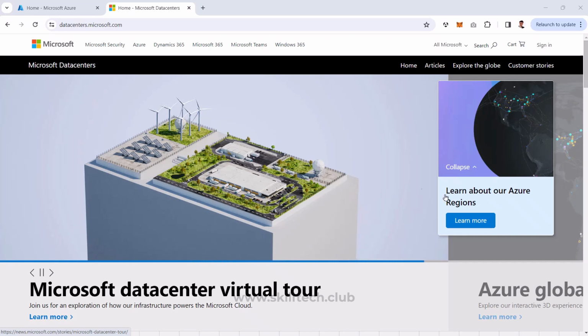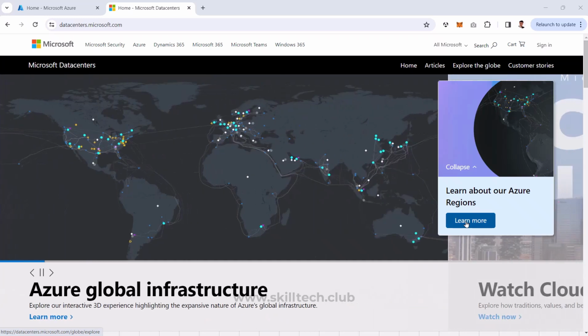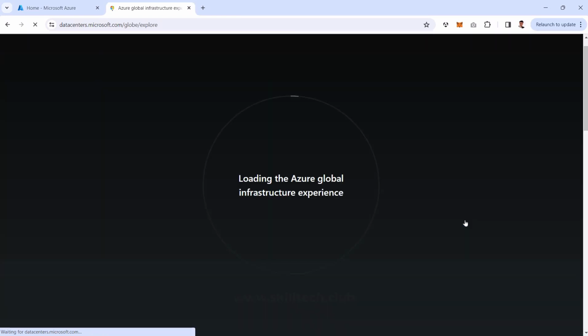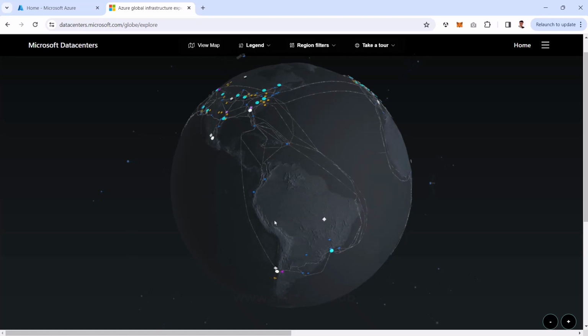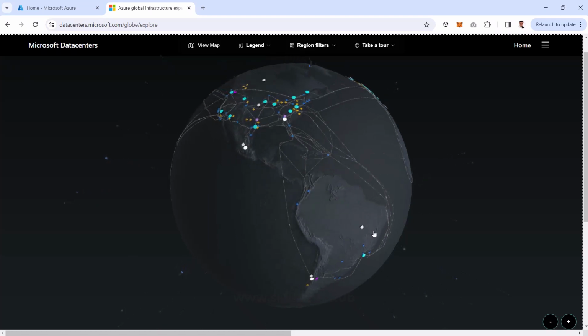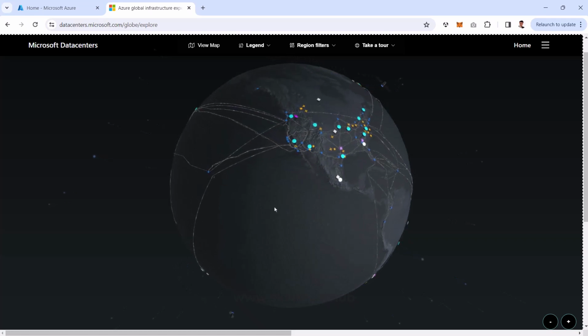This gives you a clear understanding of what a Microsoft data center is all about. If you explore this section, which is learning about Azure regions, it will show you that Microsoft Azure has a global infrastructure across the globe. When you load this particular link, it is going to show you a world map where you have different countries and cities located, and it's also highlighting the areas where Microsoft has their data center regions.